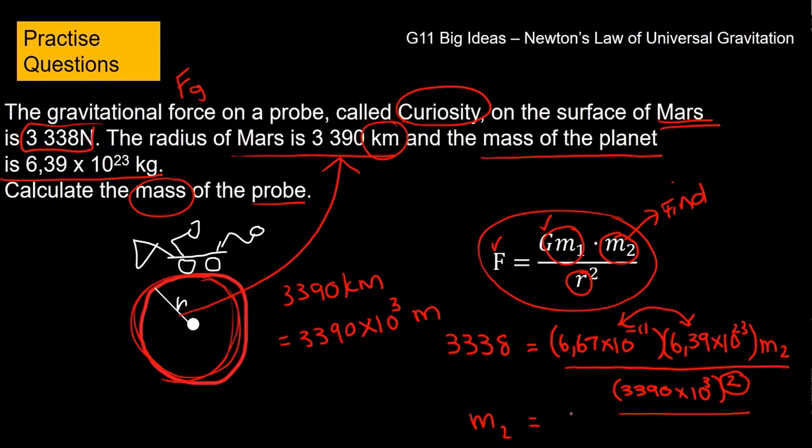And we would then have 3,338 divided by this value, I think, let me just work it out, I've got it on a piece of paper here, is 1,15 times 10 to the 13. And then our answer would be 900 kilograms.